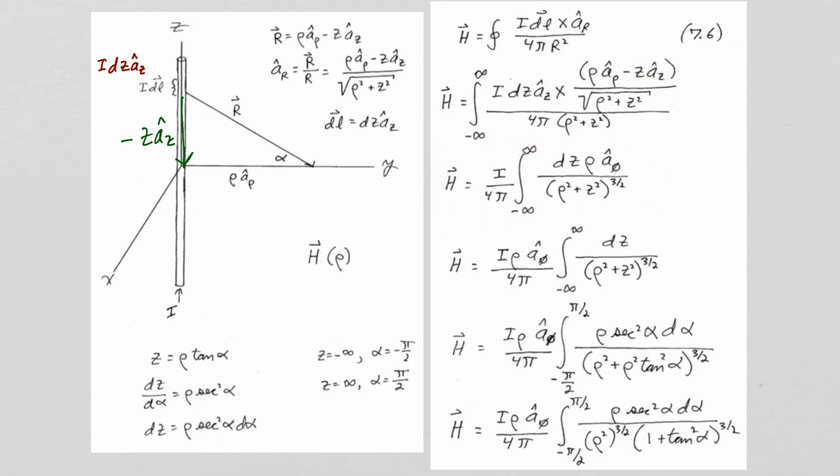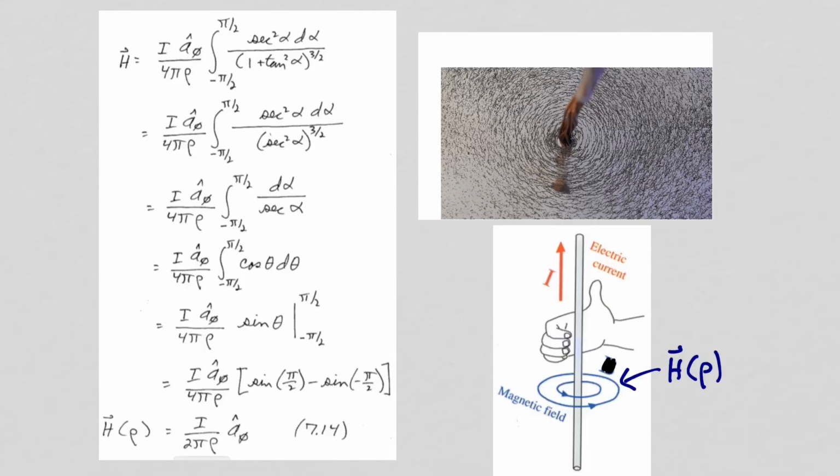The rest is just integral calculus, so I'll let you go through those details. Let's just jump to the final result. We see that the magnetic field intensity is I over 2 pi rho, and it's in the phi direction, so it does form these circles around our current carrying wire, and the field is in the phi direction as given by our right-hand rule.